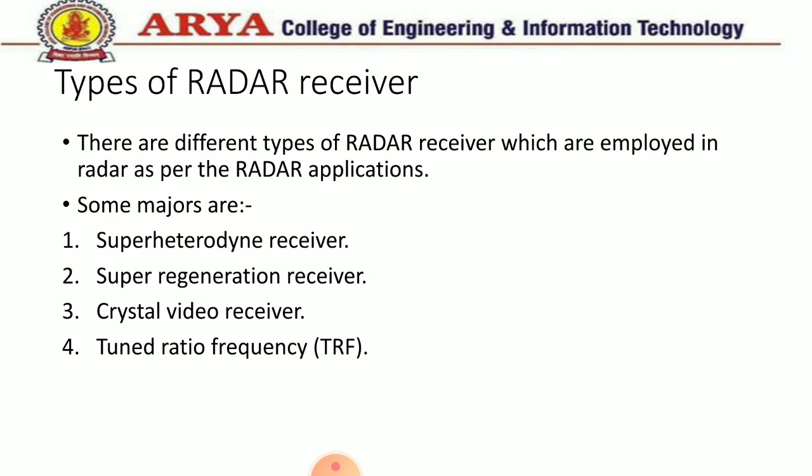Some major ones are superheterodyne receiver, superregenerative receiver, crystal video receiver, and tuned radio frequency (TRF) receiver. Out of all receivers, the most commonly used receiver is the superheterodyne radar receiver.